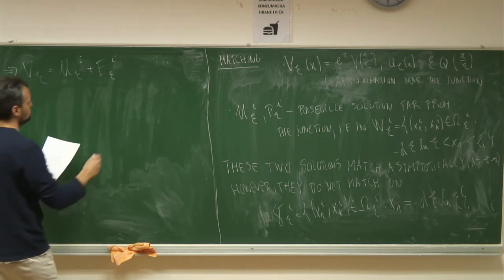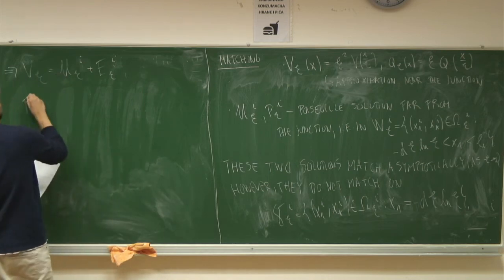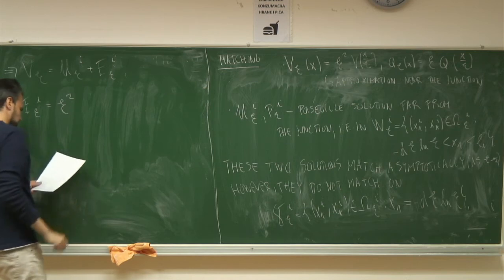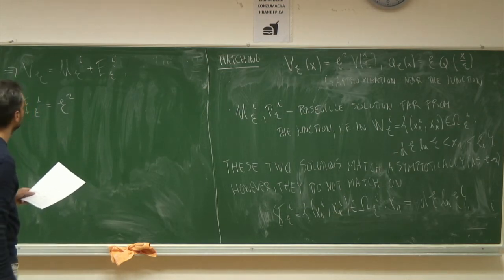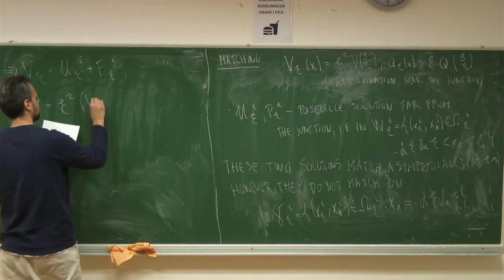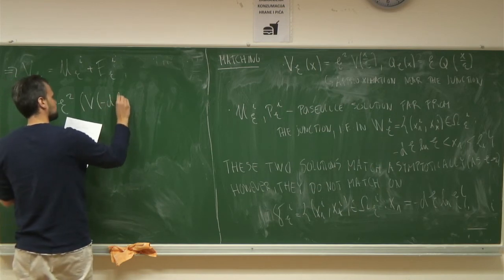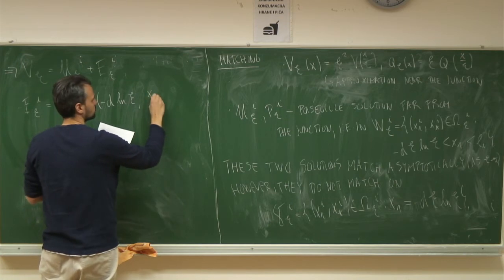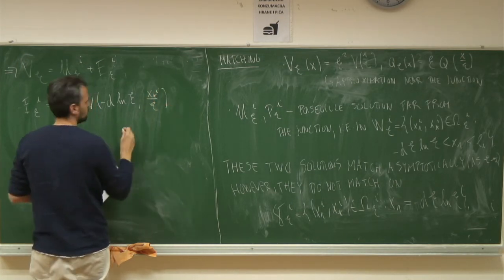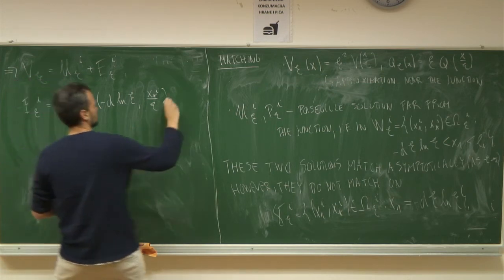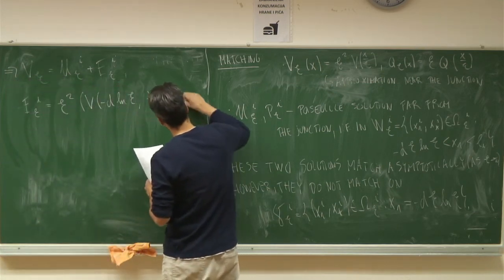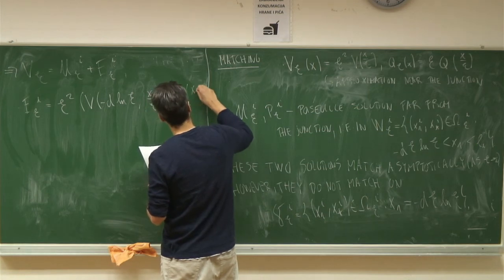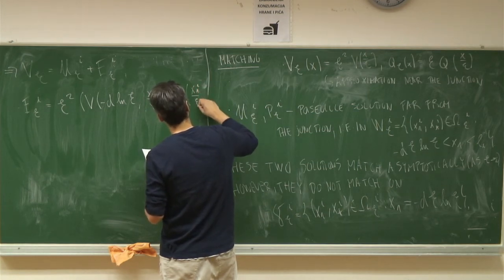So e epsilon I is epsilon squared v of minus d ln epsilon, x star I over epsilon, minus ui of x star I over epsilon.